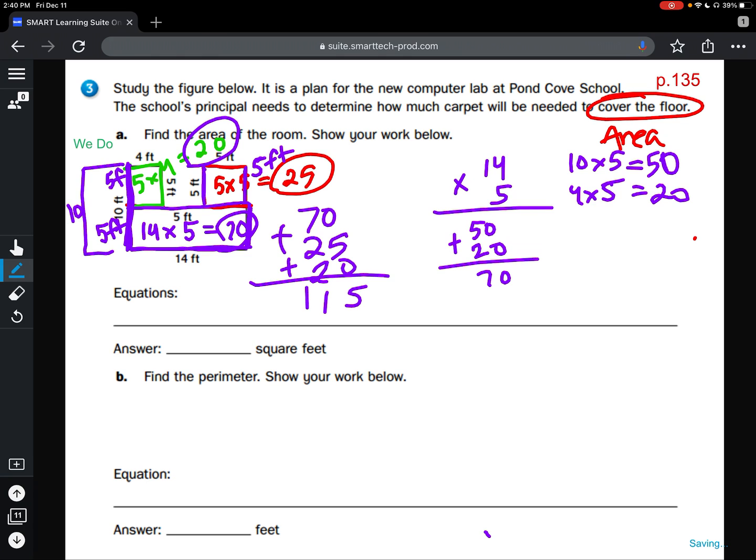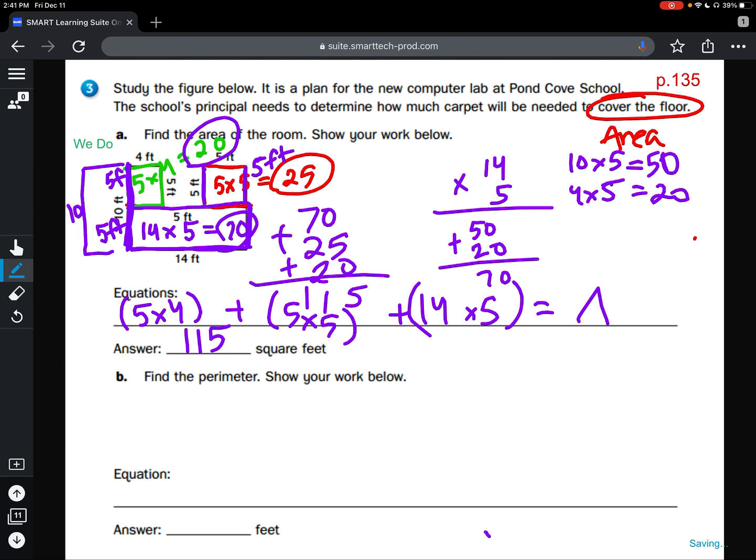So I get an answer of 115 square feet. My equations here that I did: 5 times 4 plus 5 times 5, that was the red box, plus 14 times 5. And that gave me my final answer. I'm going to go back over these with the colors so that in case you're confused, you can refer back to them with the pictures of the boxes.